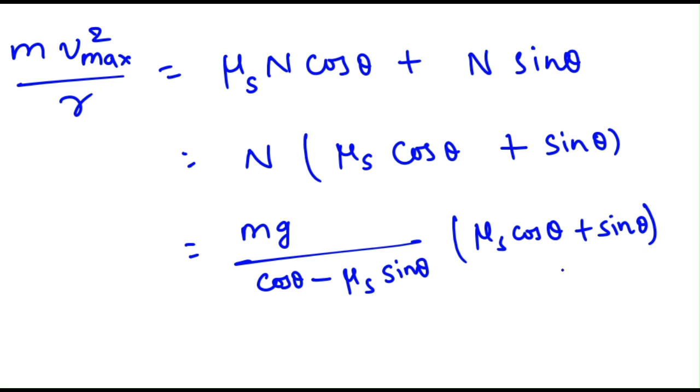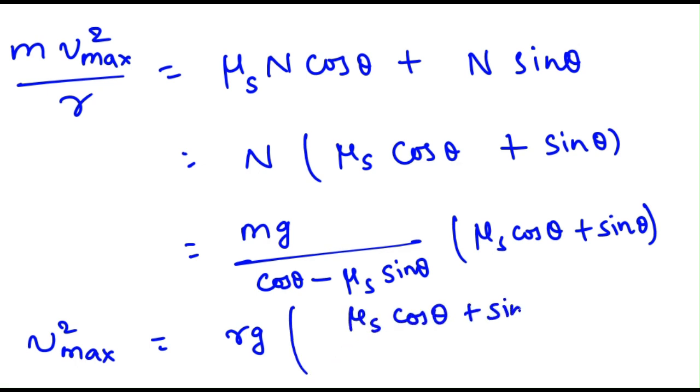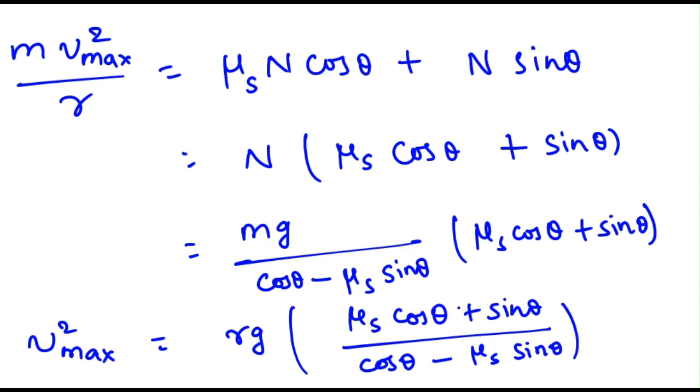Now we can simplify it further. Then we will have V max square equals m will be cancelled out, R into g, and then we have mu s cos theta plus sin theta divided by cos theta minus mu s sin theta, and we can simplify it further.